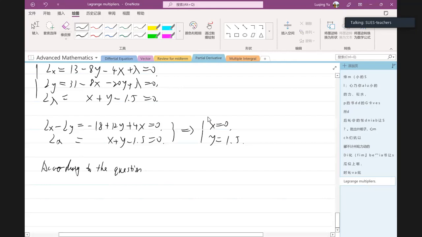The application always has a solution for the local maximum.